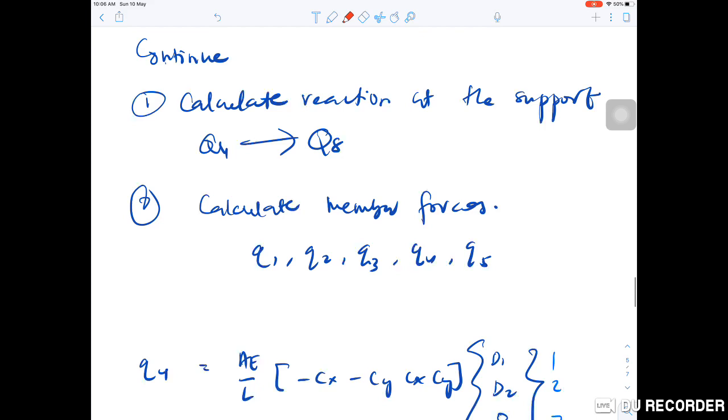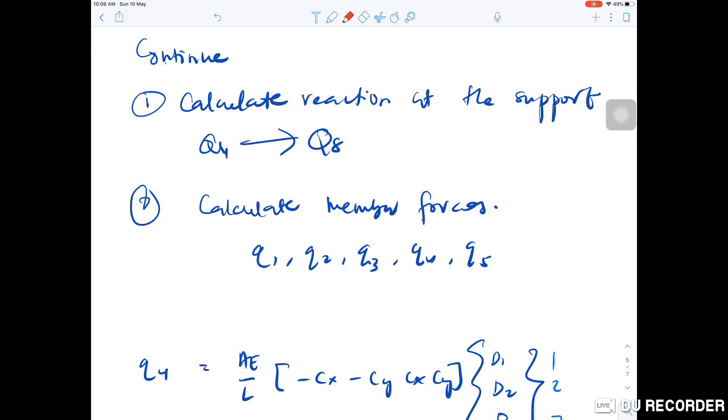After that we can also calculate the member forces. Since there are 5 members, and member and element are the same. For the element stiffness matrix we use the small letter for the label, and this is member forces or element forces.